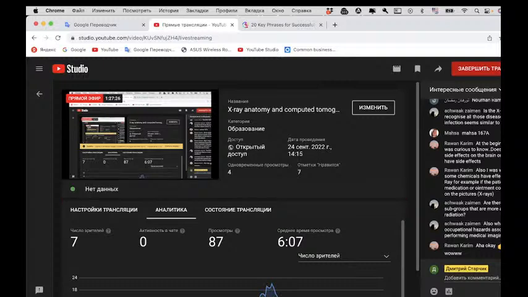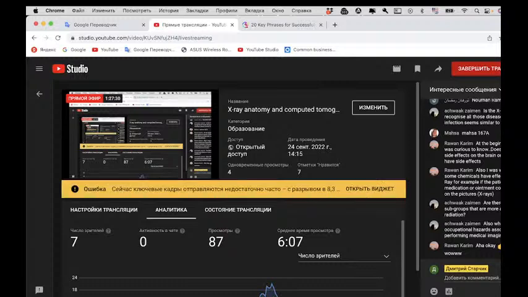And I am absolutely sure for now there is no proven danger of MRI examination.